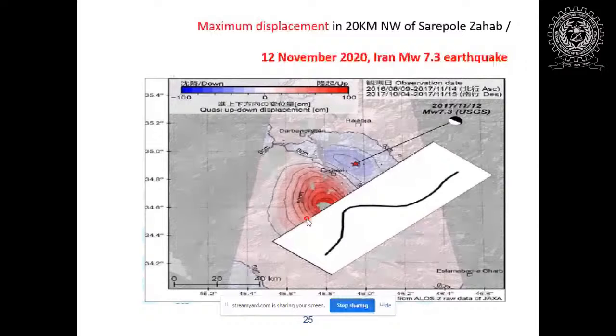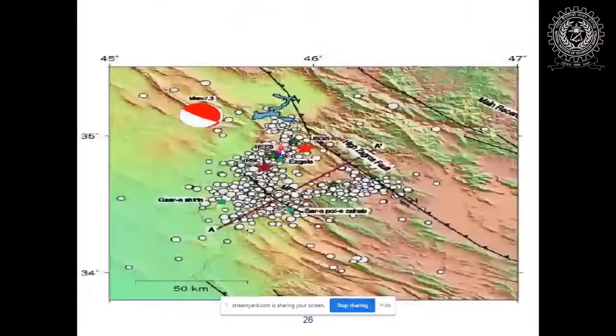Aftershocks have been focused around the major faults toward its western part.